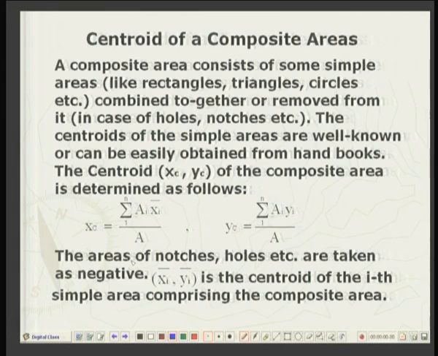These areas can be treated as a combination of different areas, and for holes and notches we have to subtract those areas, that is, we will treat those areas as negative areas.